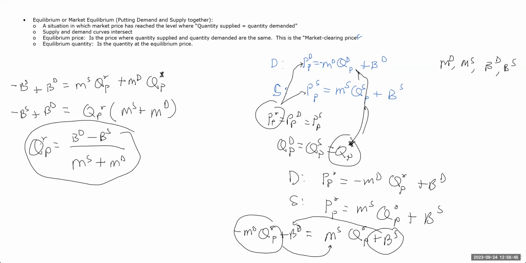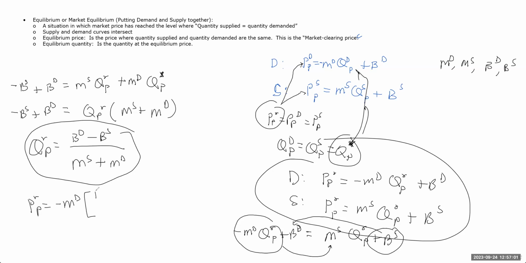Well, what is the price? We just plug this into either the demand or supply curve to figure out the price. P star is equal to, I'll use the demand one, minus M_D times B_D minus B_S over M_S plus M_D, plus B_D. And I'm not going to reduce this.